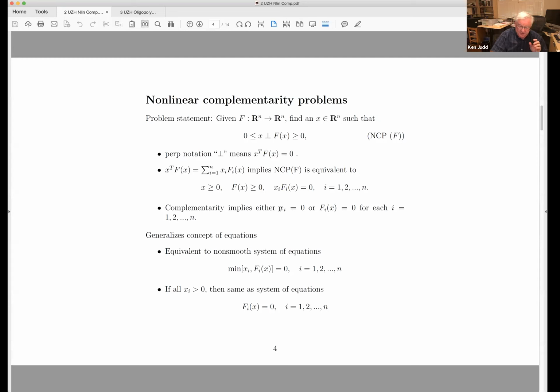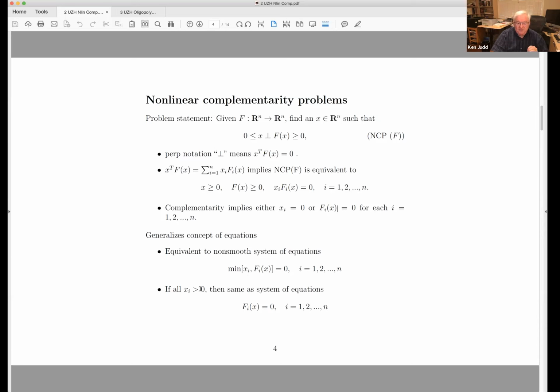We're pairing up each variable with one of the equations. Now this actually comes up naturally, so it generalizes the concept of equations. It's equivalent to a non-smooth system of equations where you say, I want the minimum of x_i and f_i of x to be 0, which basically says I want one of them to be 0.